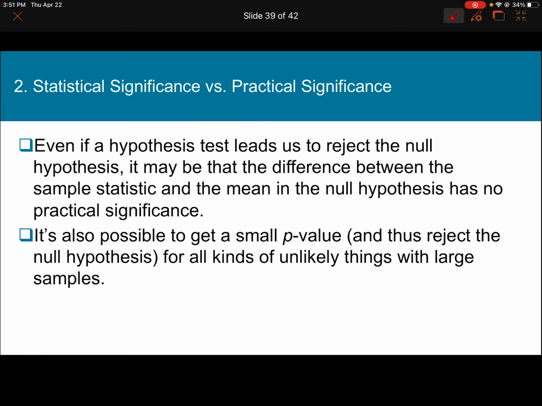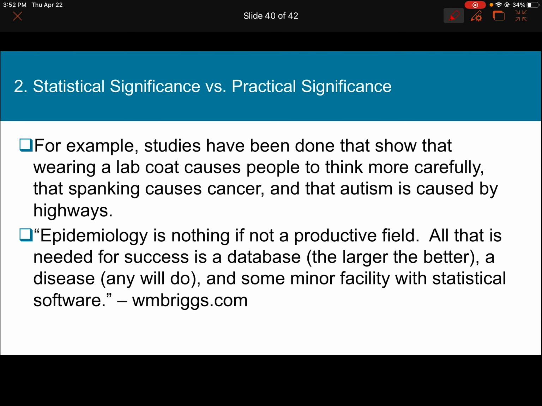So what is hypothesis testing all about? We have to think about statistical significance. That's when we reject H naught. So statistical significance is rejecting H naught, versus practical significance. Sometimes we can reject H naught, but it doesn't have any application in the real world. For instance, it's likely sometimes to get a small p-value with unlikely things in large samples.